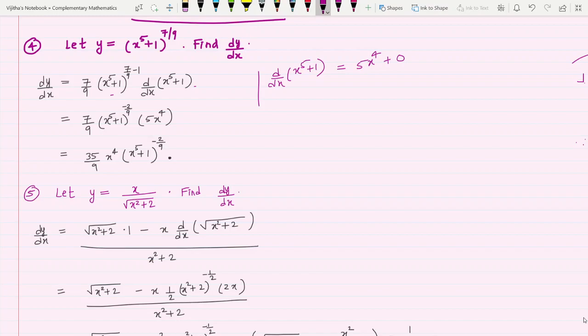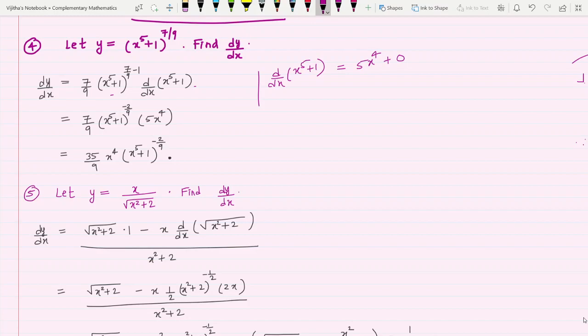So we have 5x^4. So I have simplified this. It is 35/9 x^4 (x^5 + 1)^(-2/9). So in this way we can find the derivative.